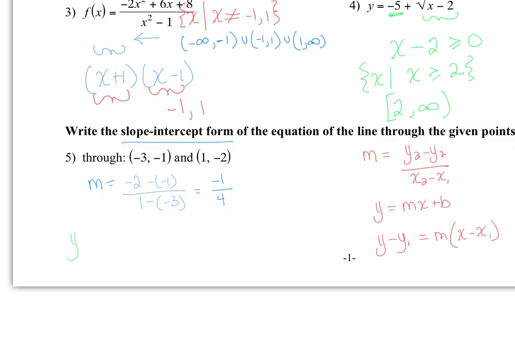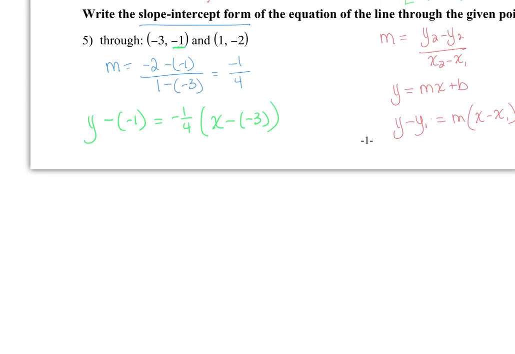So I'm going to say y minus my y value here equals m times x minus my x value here. And at this point, we're just simplifying.